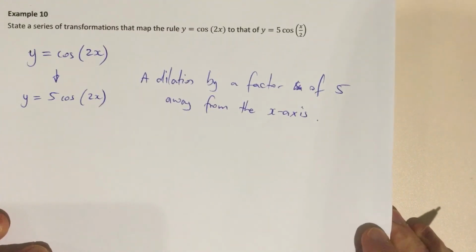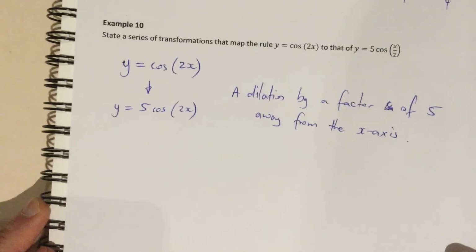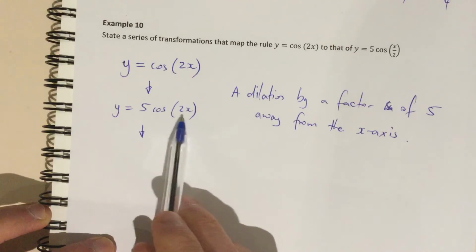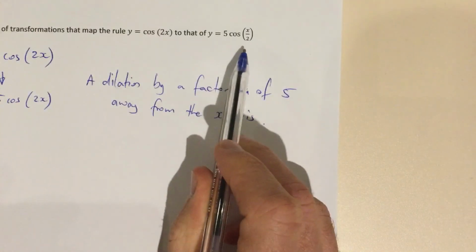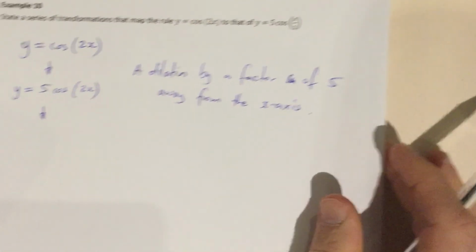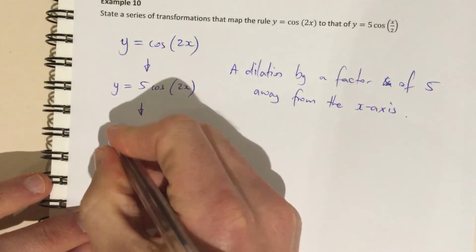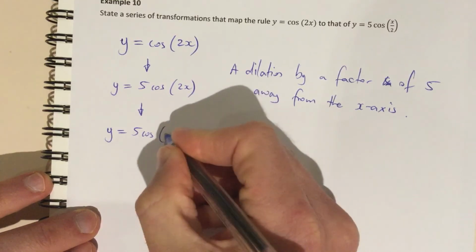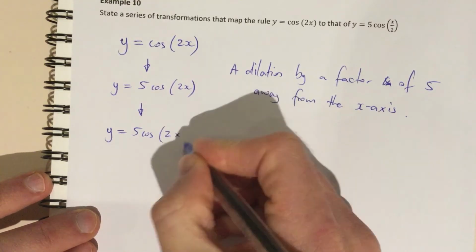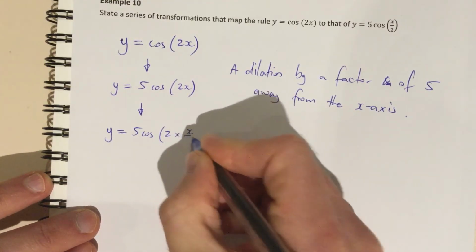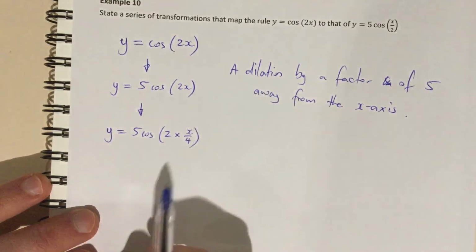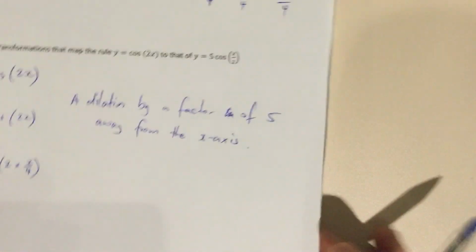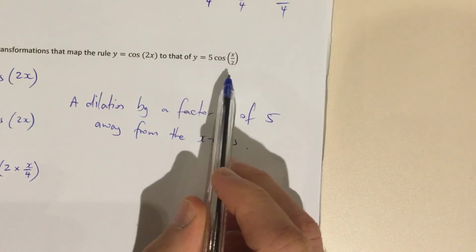The next one, we're trying to get this 2x to become x on 2. So in other words, what we really want is we want x to become x over 4, because if we get this effect going on, that's going to cancel down to x on 2, which is what we're supposed to get to.